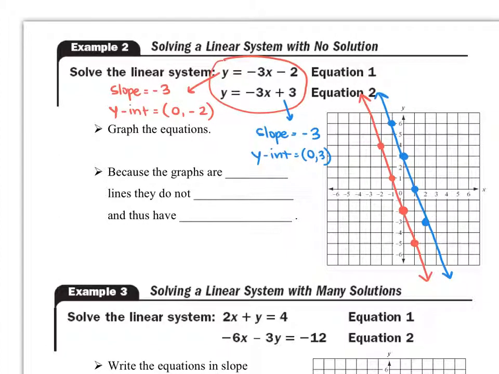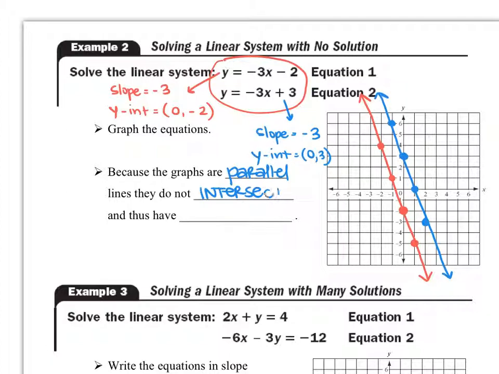All right, now as you look at these two lines, we're looking for the point of intersection, but there's a problem, right? Because these lines never intersect. They're called parallel lines, and so because they never intersect, there is not a solution to this system. So we can say because the graphs are parallel lines, they do not intersect.